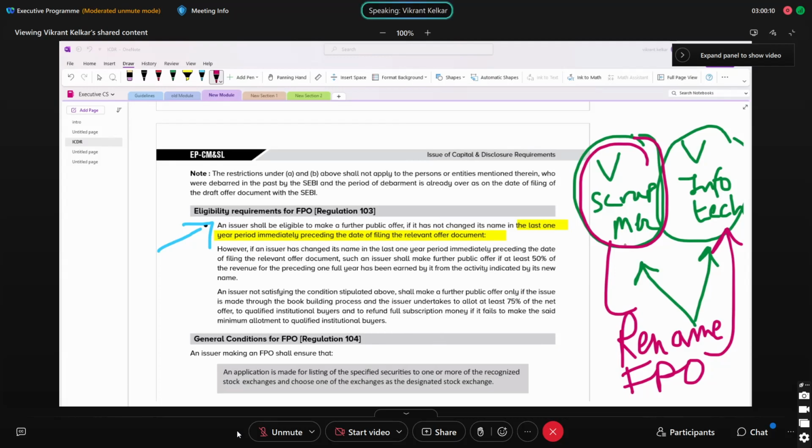So the problem is, is this cheating? I'm a scrap merchant, but I keep my name as Infotech and I'm selling the shares.